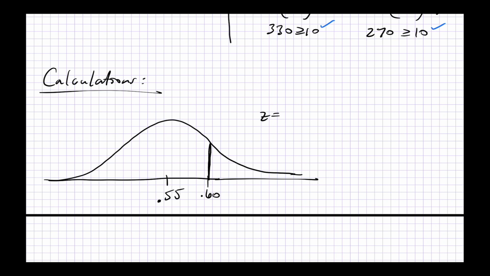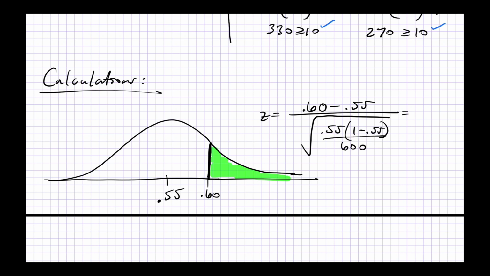And we said greater than in the alternative. You look at the alternative to see which way you're going to shade. In the alternative, it said greater than, so we shade greater than. Now z. z is p hat minus p, so 0.60 minus 0.55, over the square root of 0.55 times 1 minus 0.55 over 600.